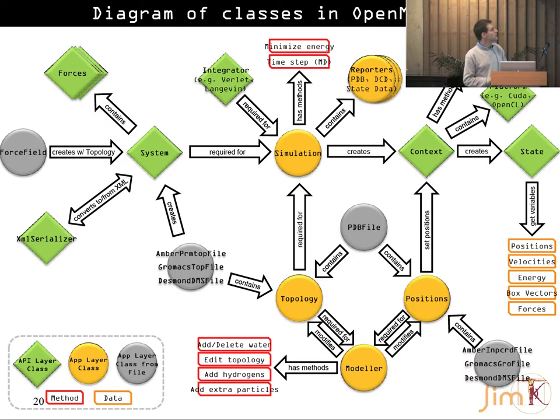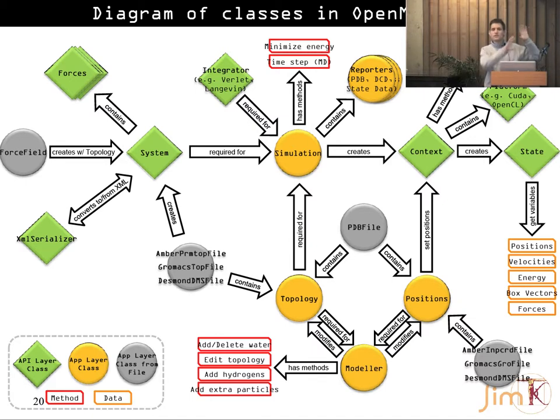And we see that a system contains forces. It is required to create a simulation. A system can be created by any classes here, like Amber Parm top file, Gromacs top file, Desmond DMS file, etc. And this just shows the relations between all these different classes.